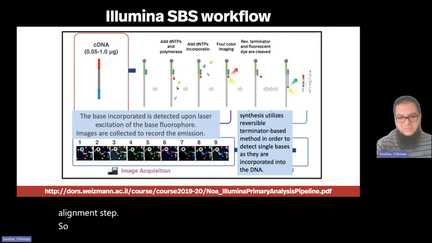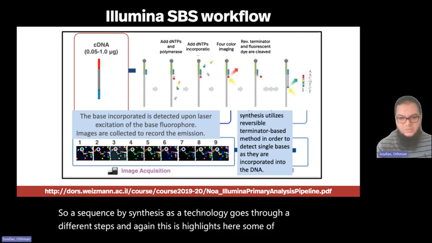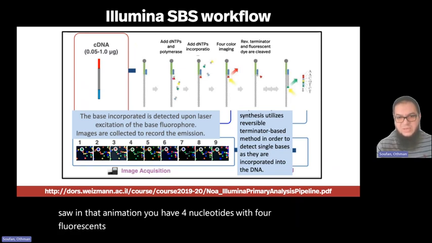So sequencing by synthesis as a technology goes through different steps. And again, this highlights some of what we saw in that animation. You have 4 nucleotides with 4 fluorescent labels competing to come here, right? And these are what we referred to previously as the dNTPs.